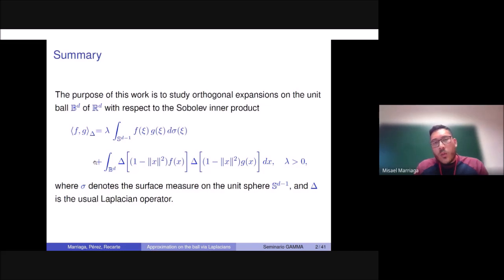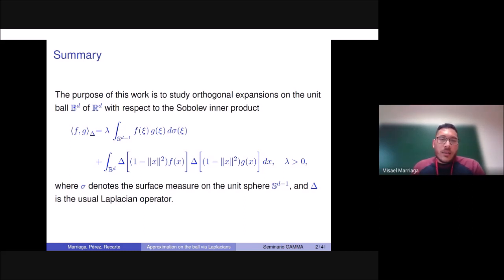And why are we choosing this inner product? Well, Yuan Xu studied this part right here, the big part, the one that's defined on the ball, as part of a study of spectral methods or numerical methods for a nonlinear boundary problem defined on the ball. And the orthogonal basis with respect to this inner product is an adequate basis to approximate the solutions of this boundary problem.